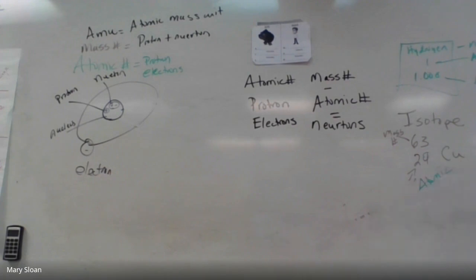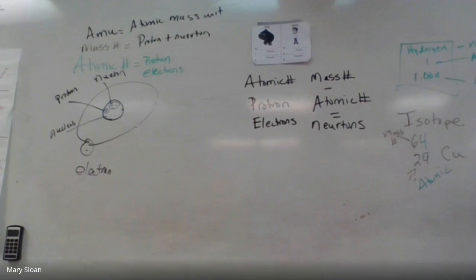If we look at mine, in my folder here, I got 63.55, right? Now, using this one here, I would have 64. Do you know where I got 64 from? The AMU. Now, an isotope would still be Cu.